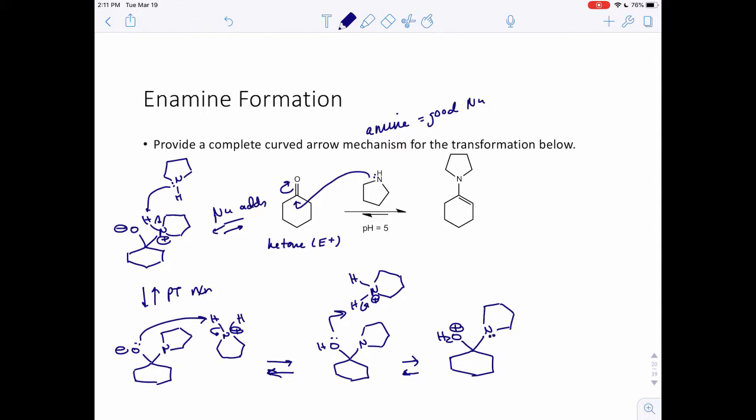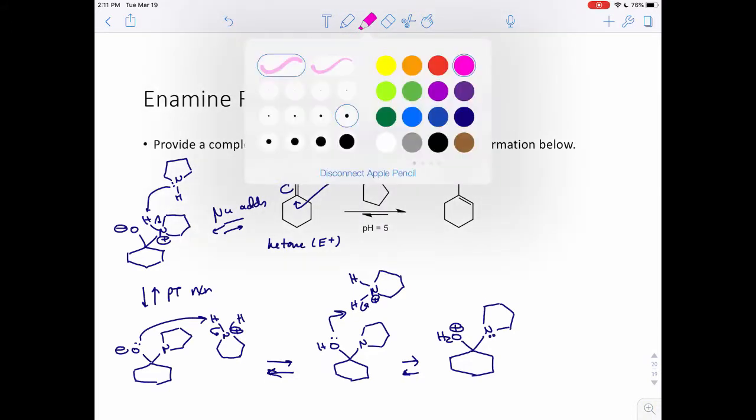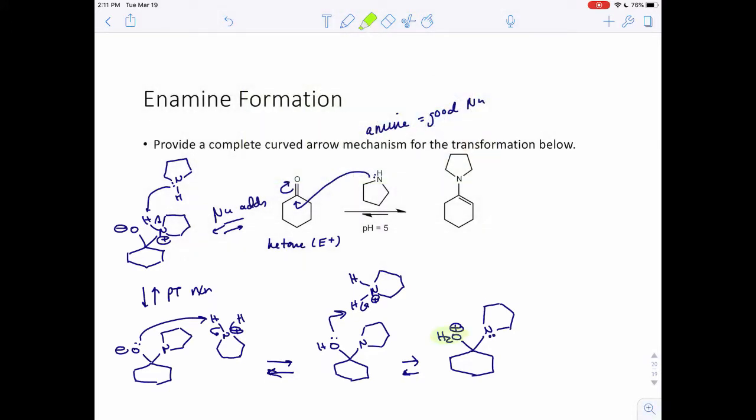All right, so now we've generated water. We're going to make it leave. So lone pair push, water leaves. That generates this intermediate. Now I gave this intermediate a name earlier. I called it an iminium ion.